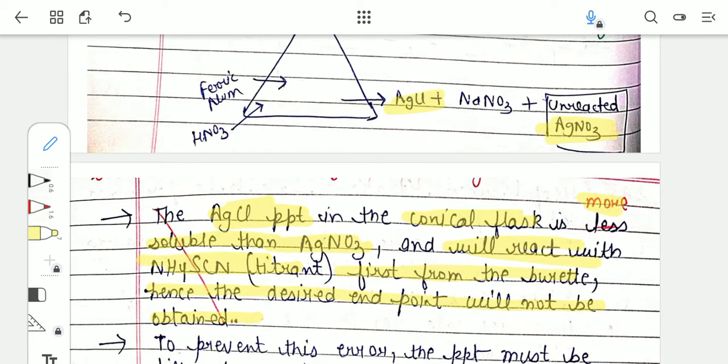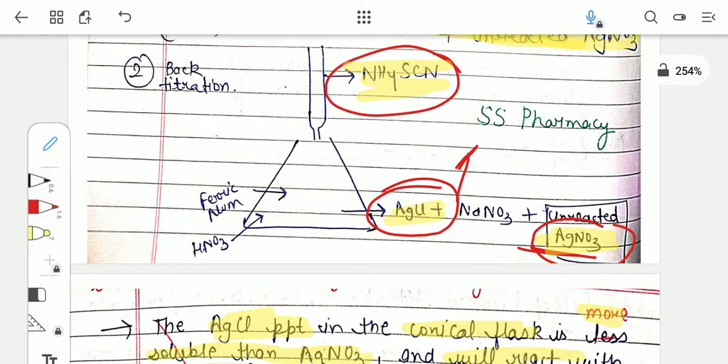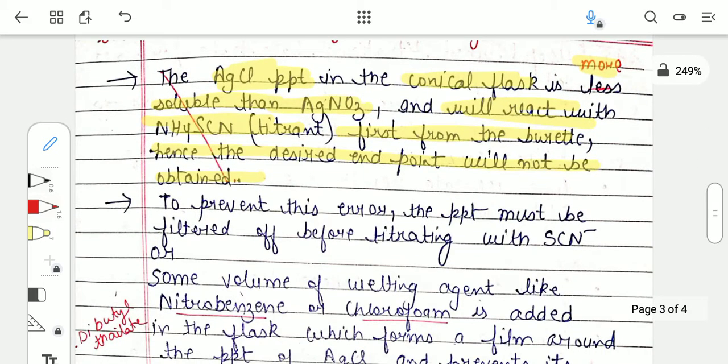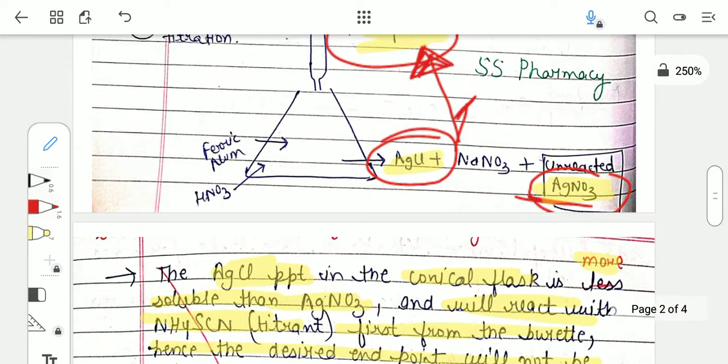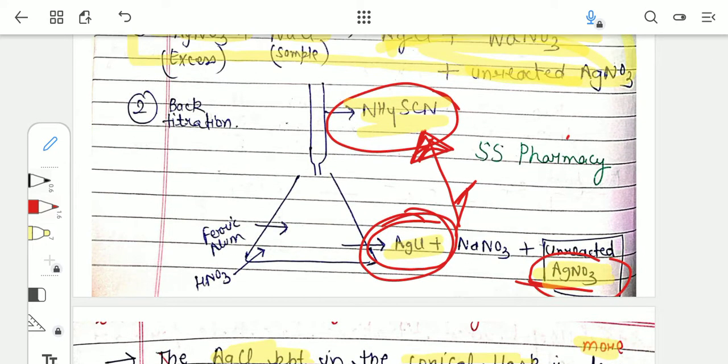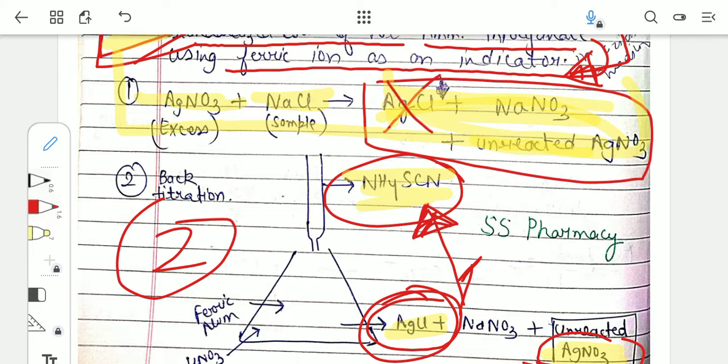To prevent this error, the precipitate must be filtered off before titrating with our thiocyanate ions. So we have to filter off our precipitate before performing this second step, remove the precipitate and then titrate with our titrant.